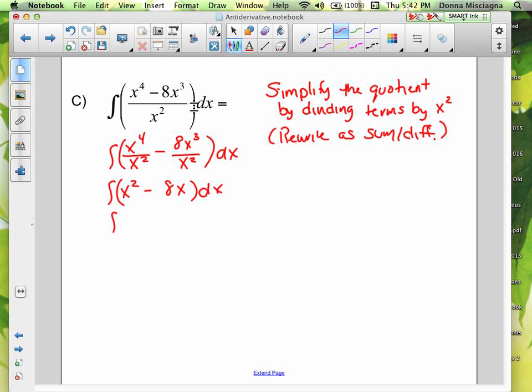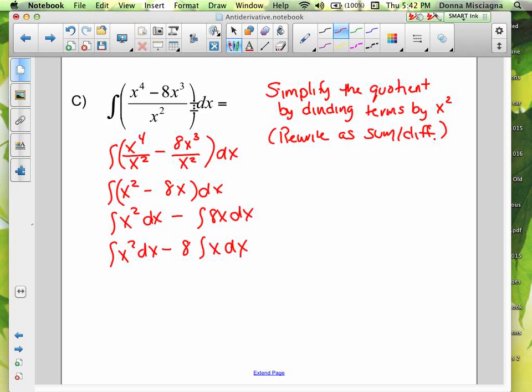And so we can take the integral of x squared dx minus the integral of 8x dx, and we can even factor out the 8 if we'd like.